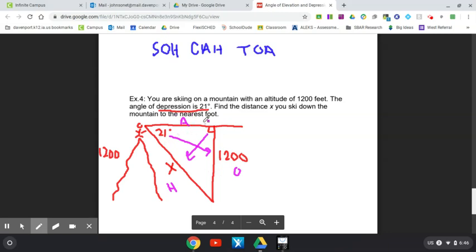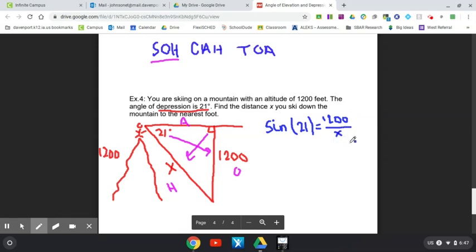Now, because we don't have anything for adjacent, the only option that we can do is sine. So for this problem, it's going to be sine of our angle equals our ratio of opposite, 1,200, divided by our hypotenuse x.